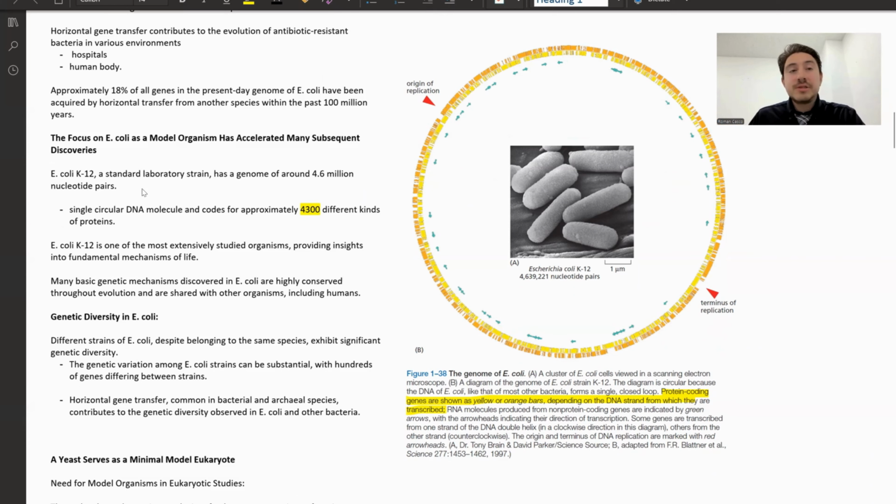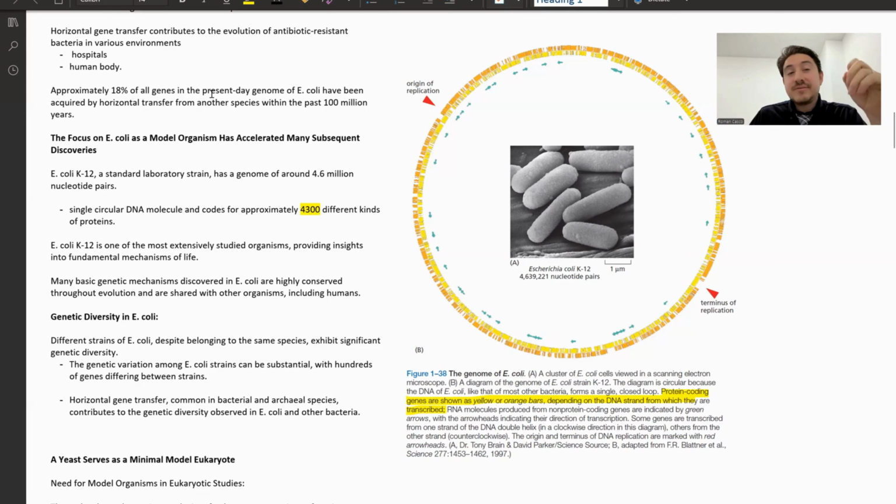Okay, horizontal gene transfer. It does have some great implications, right? When you get antibiotic resistant bacteria in various environments, because that creates resistance to particular bacteria. And this is detrimental to hospitals, right? Because they become more resistant to medicine and the human body in general.